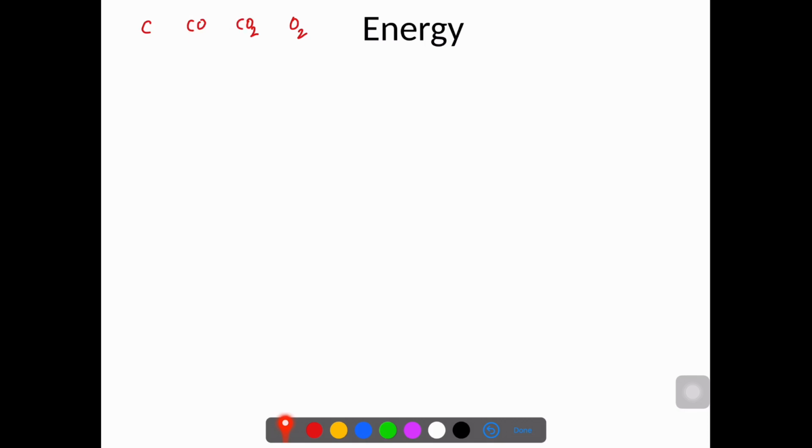Different substances have different arrangements of atoms, which lead to different potential energy within the substance. This potential energy is no longer because of the height at which the molecule is from the ground. It's because of the attractions between the charges within a substance. So let's say carbon is bonded to oxygen. There is a nucleus of the carbon with electrons around it, and there is a nucleus within oxygen with electrons around it.